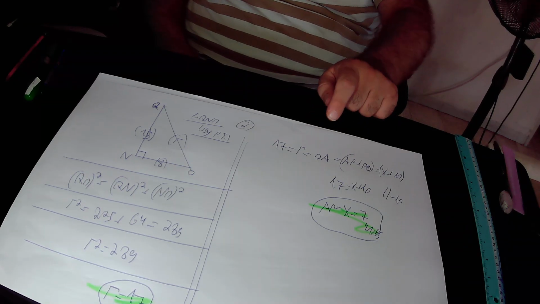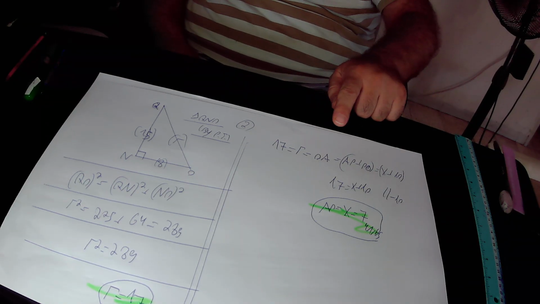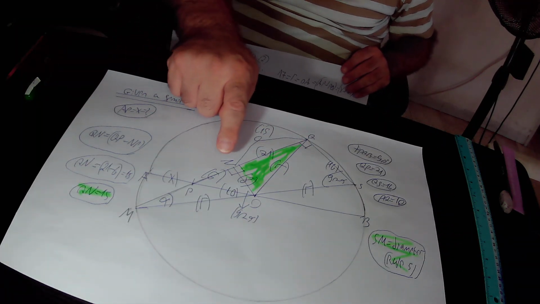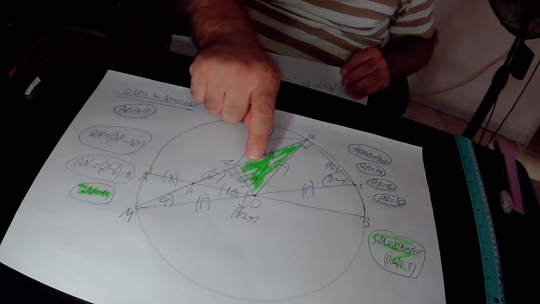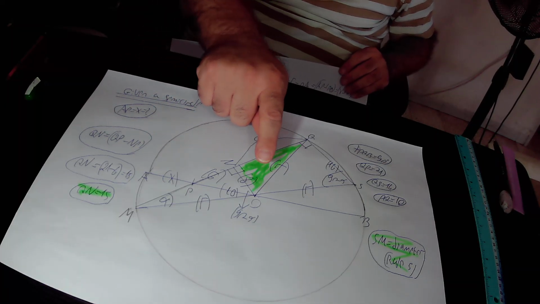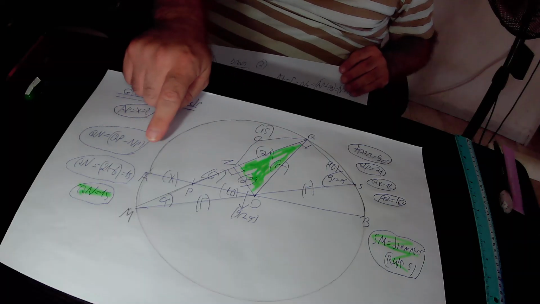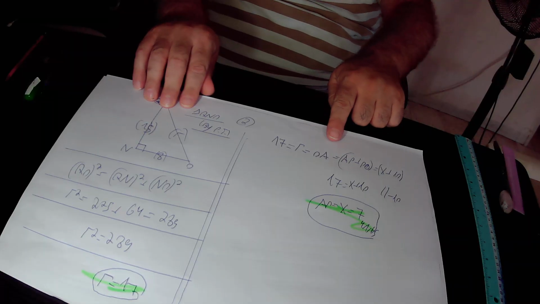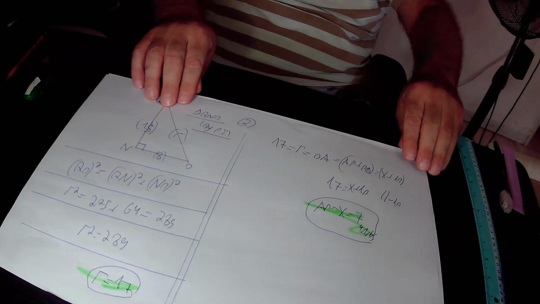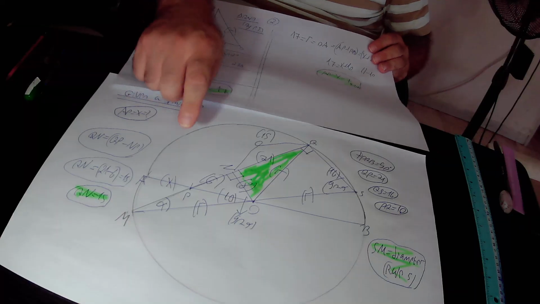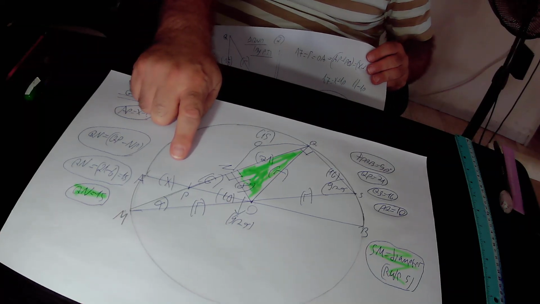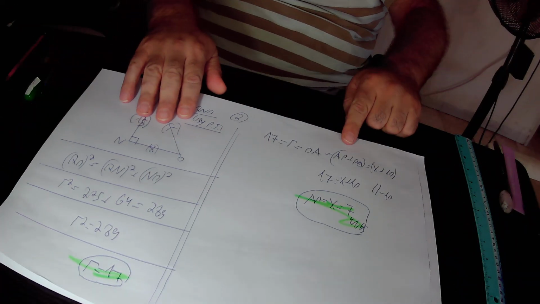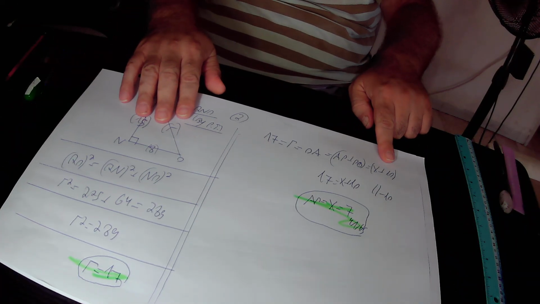OA is also the radius of the circle, that is equal to R. The radius OA equals AP plus PO. AP equals X, that is the line segment that we are looking for in this question, and PO equals 10.